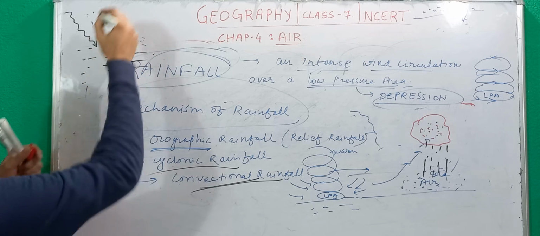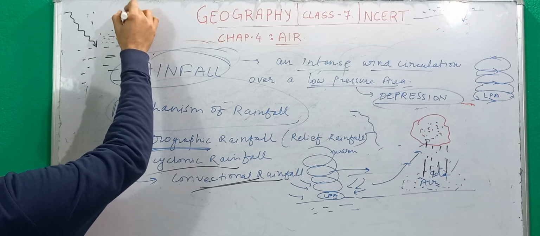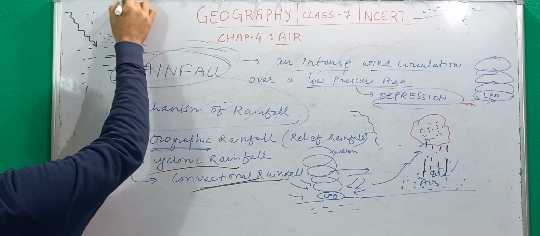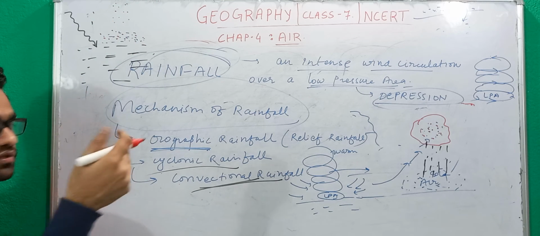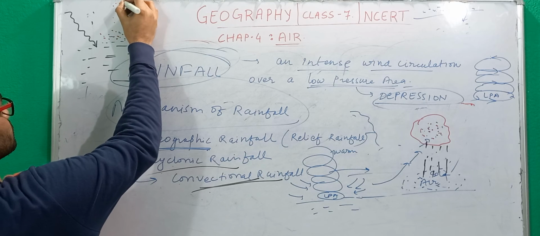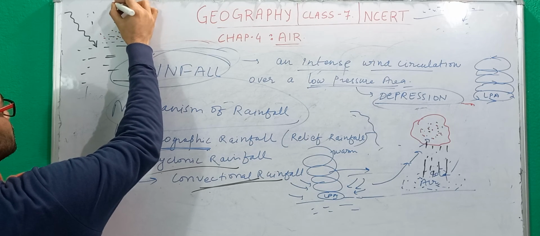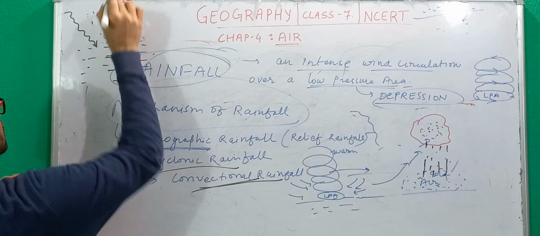And as the air rises, these water vapors will also rise, and as they go up, this water vapor will convert into smaller, teeny water droplets, and it will form cloud.